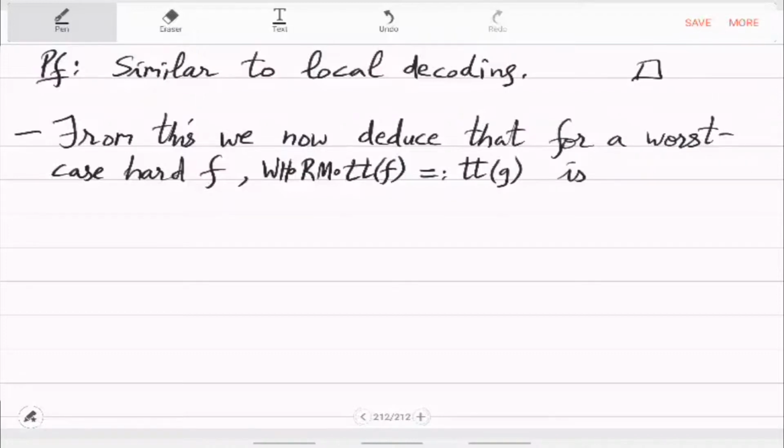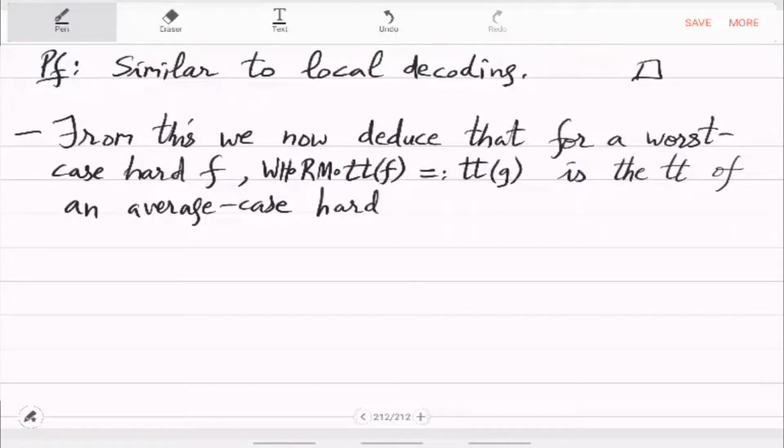this is the truth table of an average case hard function g. Why is that?